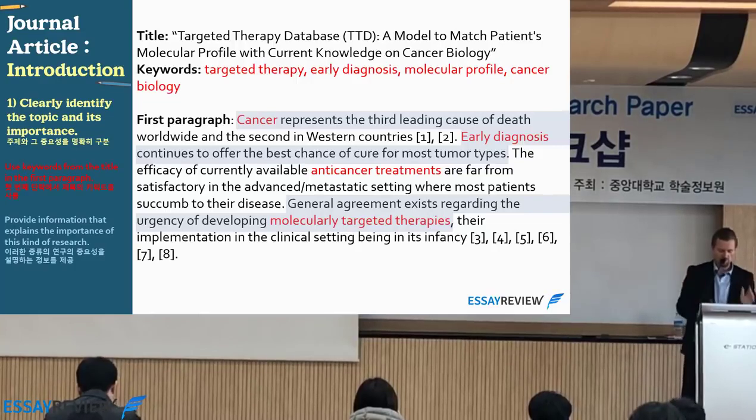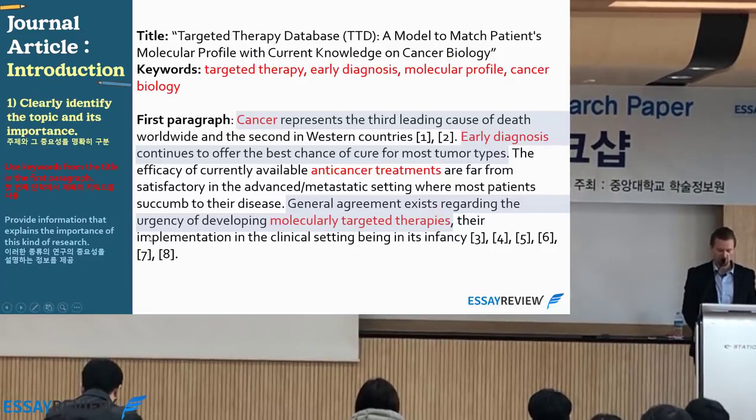Okay, then it goes even more narrow: the efficacy of anti-cancer treatments. And it also shows what the problem is: they're not satisfactory. And then finally, you have the most focused: general agreement exists regarding the urgency of developing molecularly targeted therapies. So your paper is about this, molecularly targeted therapies.